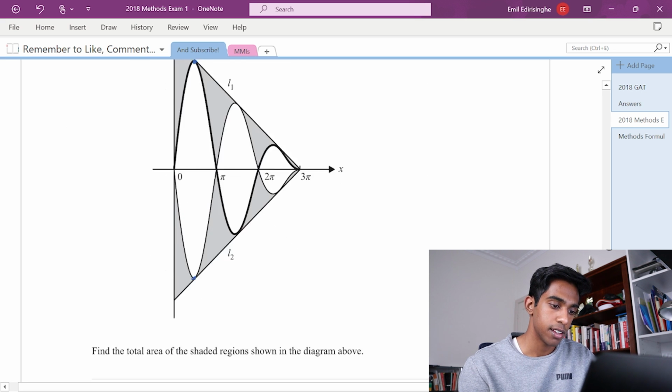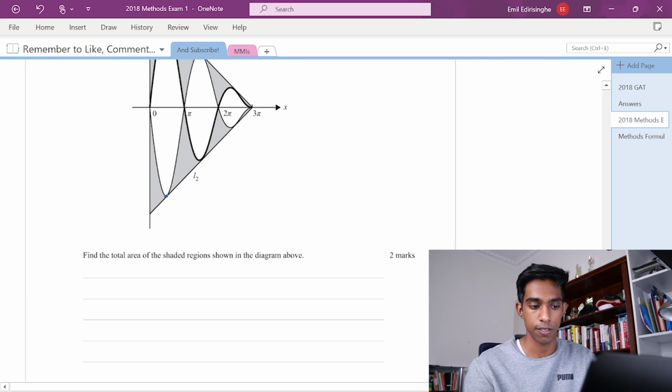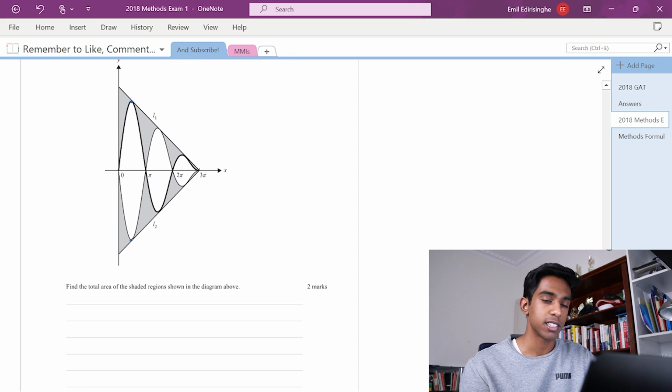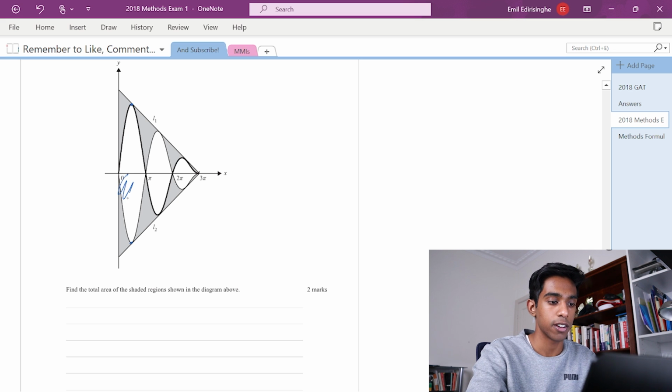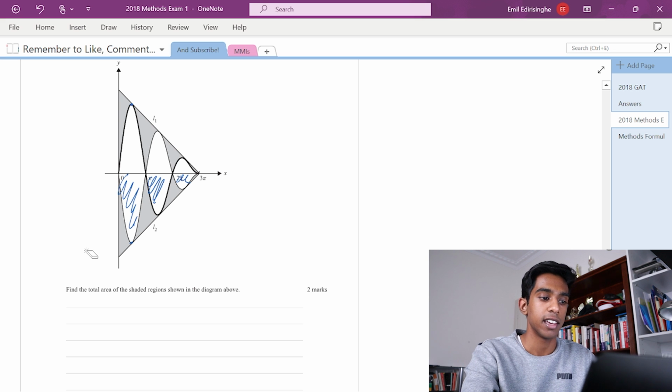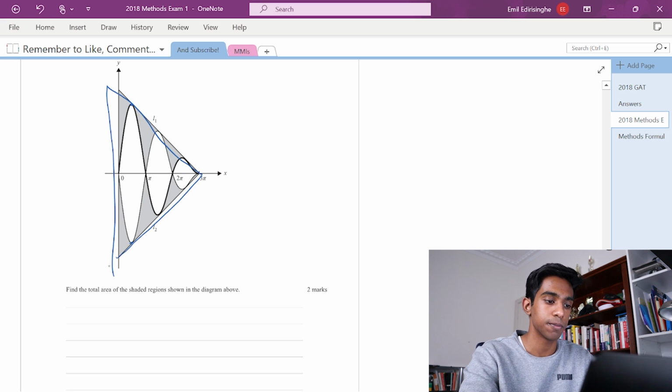And then the question is to find the total area of the shaded regions. So essentially I know that to find the shaded regions here, I need to find the area of these circles, these areas here, and then I need to minus that from the area of this entire triangle.